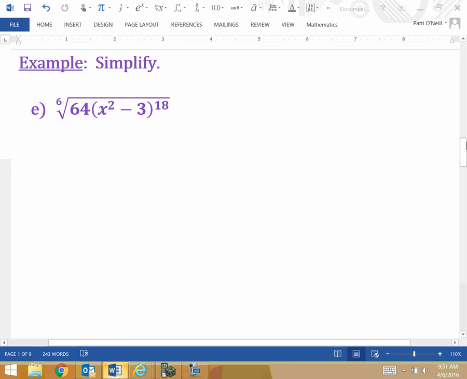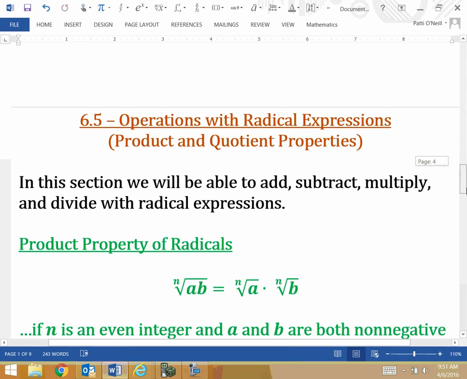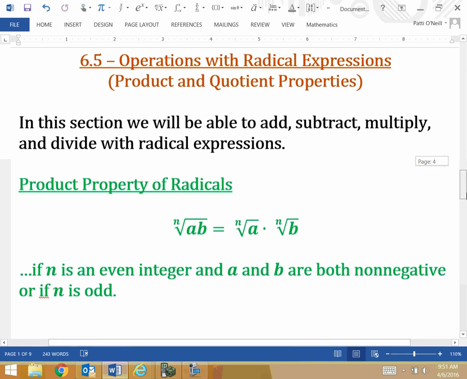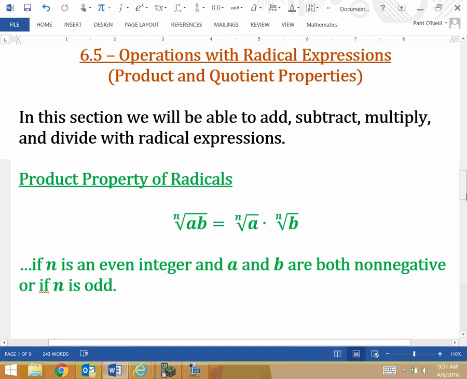I'm going to do just a little bit of the next section because I think you're ready for it. I won't overwhelm you with the entire section, but I do want to talk about a few of the operations that we're going to work with radical expressions. Mainly in this video, the product and quotient properties, and I will do sums and differences with you in another video.